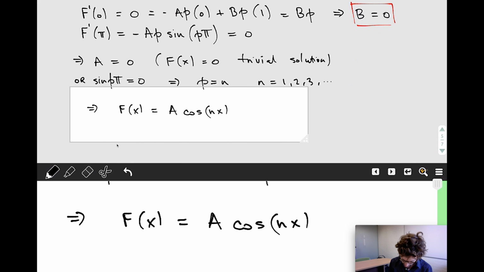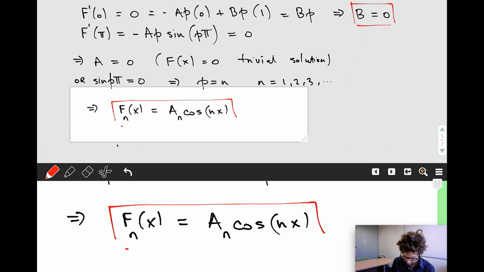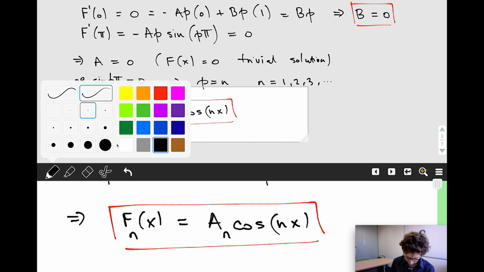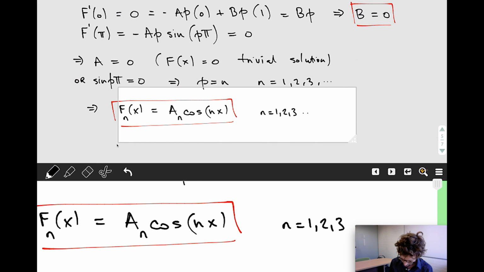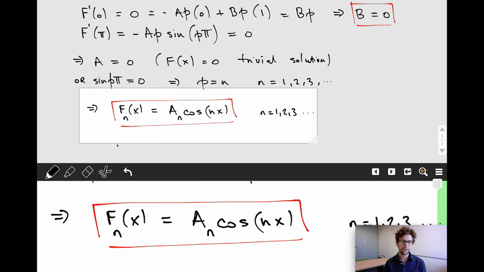I'm going to write little subscripts n here to indicate that this is for n is equal to an integer. Now notice here that the solutions we're getting are cosines rather than sines. We found in the last example when we were holding the temperature fixed at the endpoints that we end up getting sines, but here we're getting cosines.